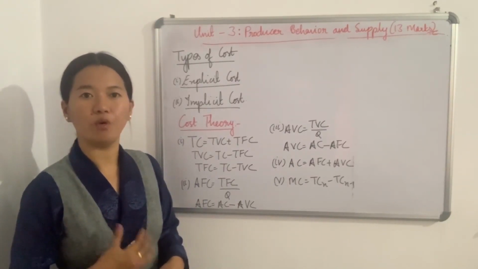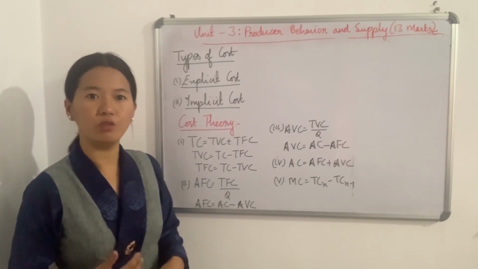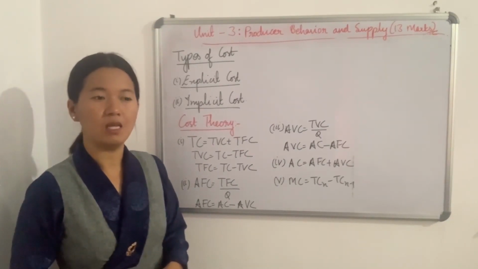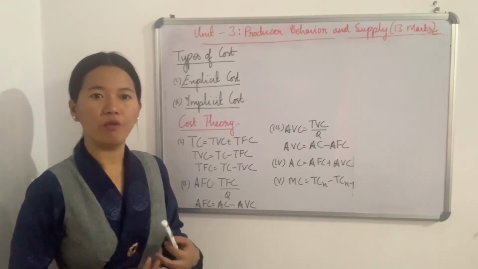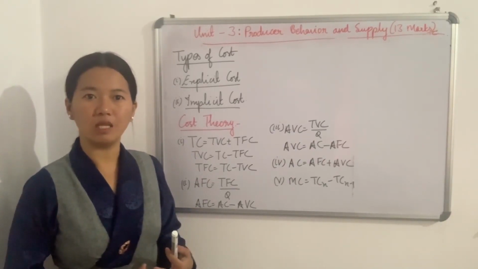And implicit cost is a self-owned input, which means that you are using your own factors of production, such as using your family members as labor. For family members, we don't need to pay wages every month.